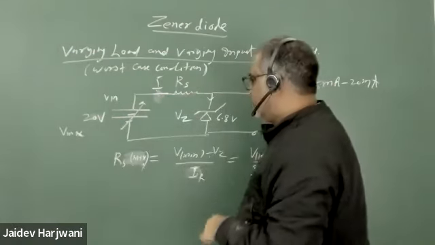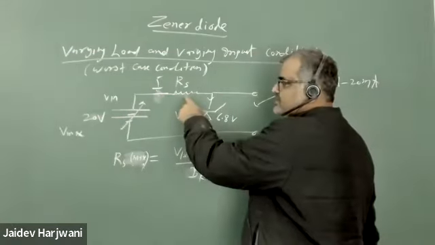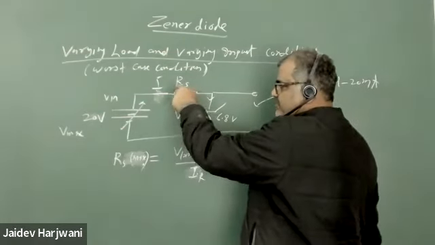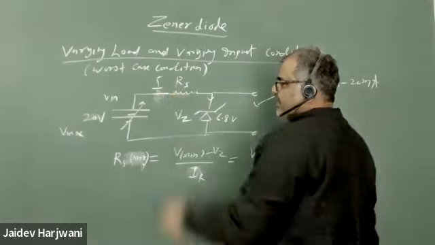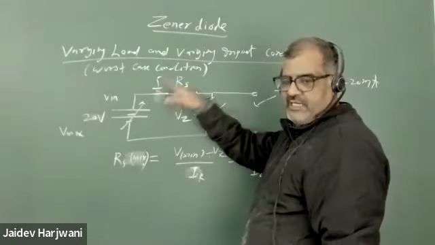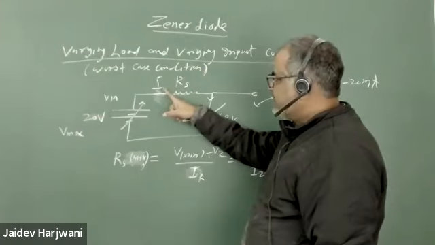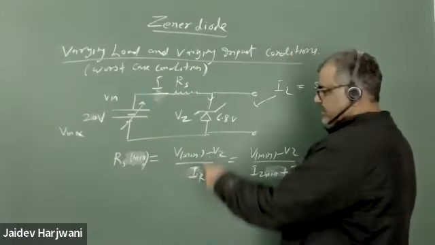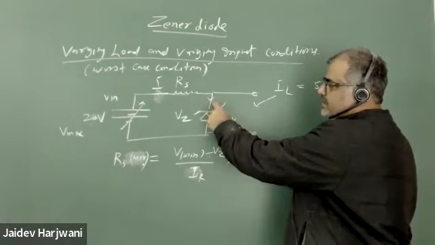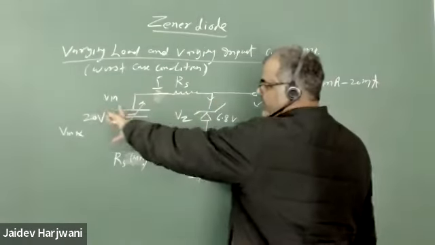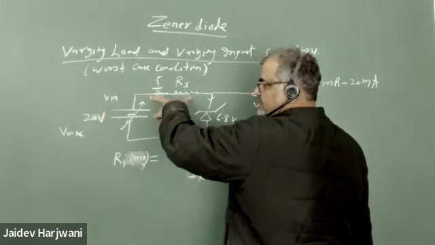Now suppose I keep on reducing this resistance. What will happen? This resistance will keep reducing, and finally current I will keep on increasing. When this current increases, automatically this current will also increase. Whenever in this circuit you increase the voltage, automatically the current increases.